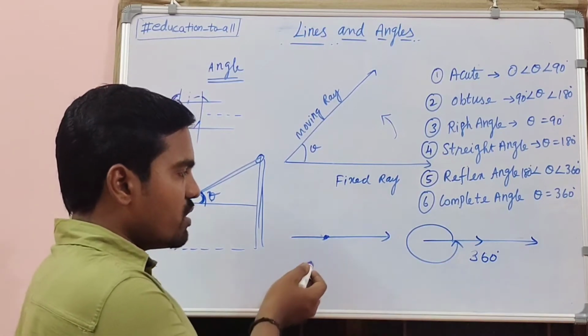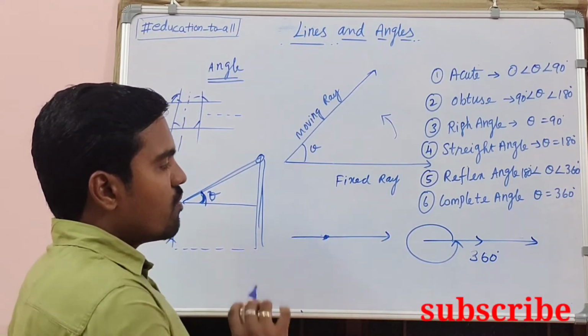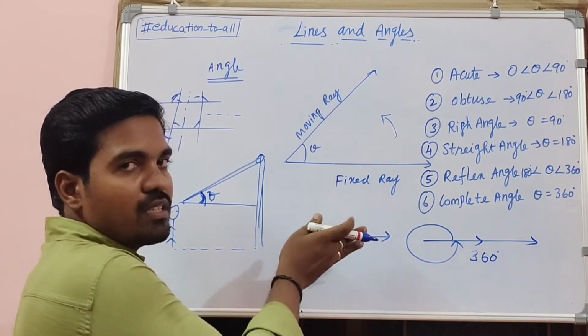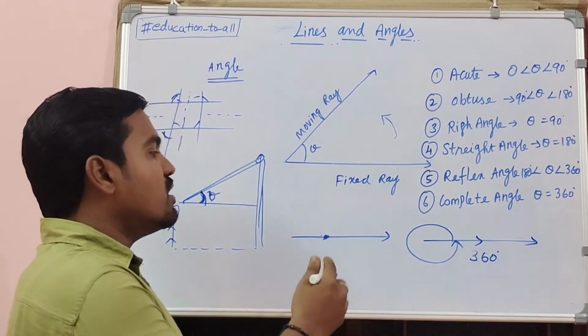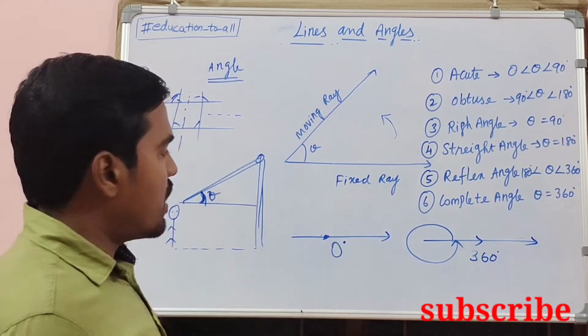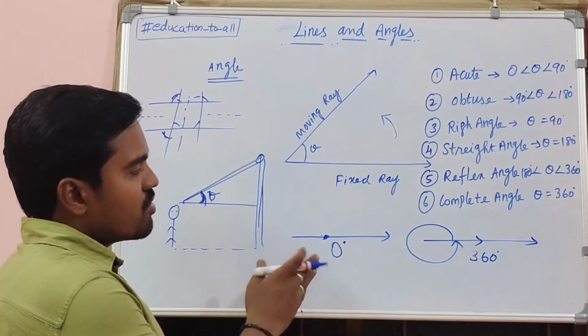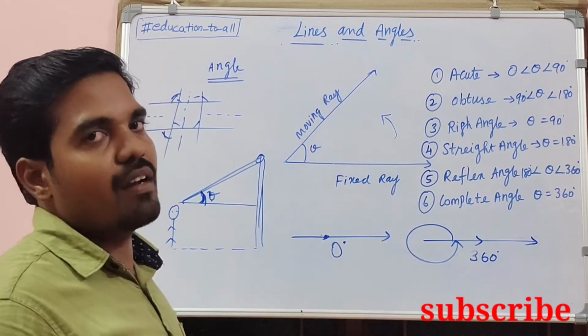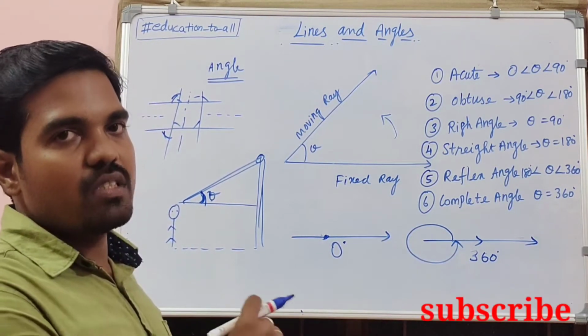And then what about this? There is no angle direction mentioned here, which means the ray is in its initial position. So in the initial position this represents 0 degrees, and this is the representation for the complete angle, which is 360 degrees.